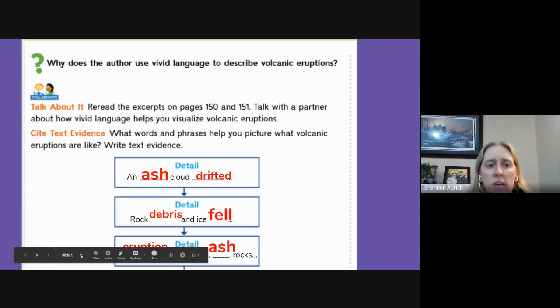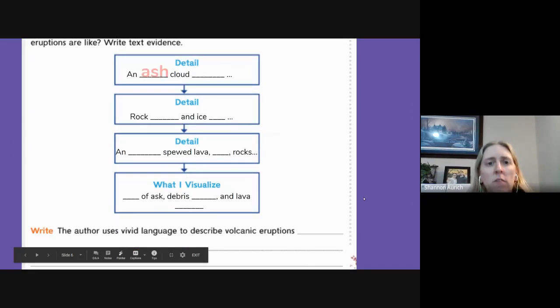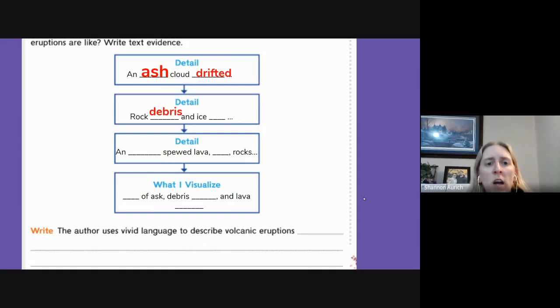All right, now I need to go to the next slide. There we go. All right, reviewing. An ash cloud drifted, rock debris and ice fell. Next one, we did this one. An eruption spewed lava, ash, and rocks. How does this help us visualize?